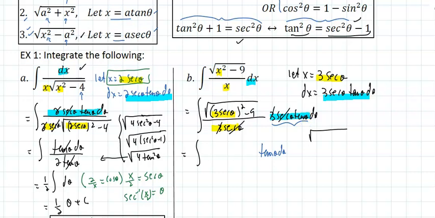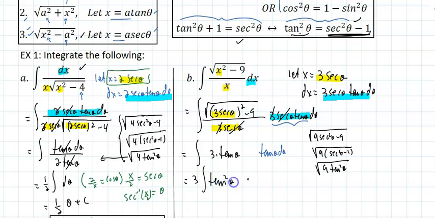As far as the radical is concerned, that's 9 secant squared of theta minus 9. That is 9 times secant squared of theta minus 1. And I know that secant squared of theta minus 1 is tangent squared of theta. So that would be 3 tangent of theta coming out of the radical. So that is 3 times the integral of tangent squared of theta d theta.